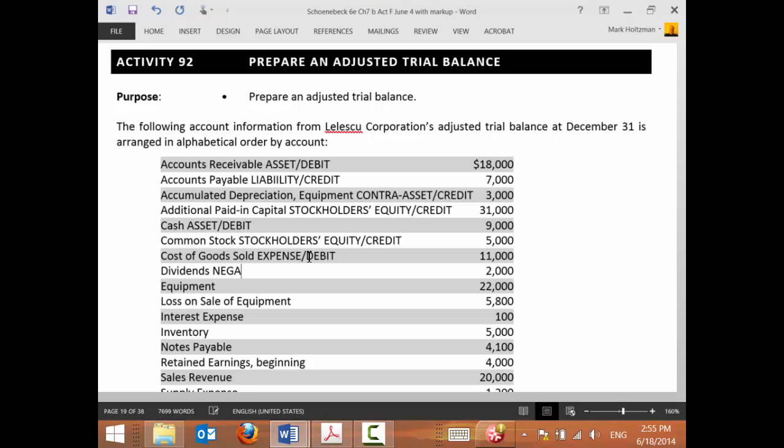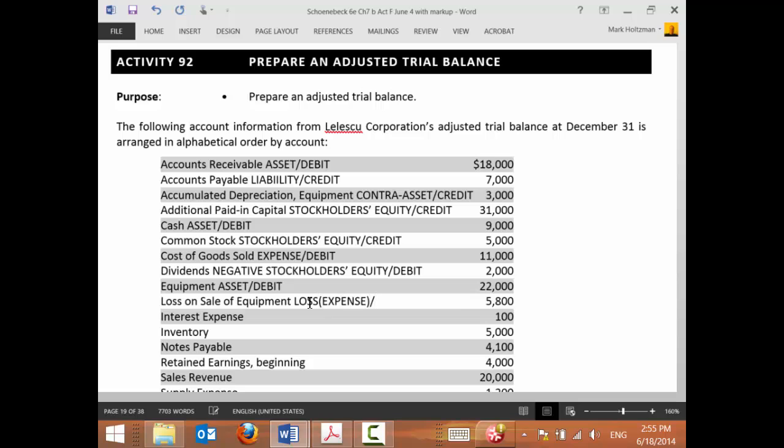Dividends, what kind of account is that? It's negative stockholders' equity. And that's a debit account. Equipment, what kind of account is that? Asset, and it has a debit balance. Loss on sale of equipment. I mentioned this twice. What kind of account is that? It's really a loss, but you could say it's like an expense.